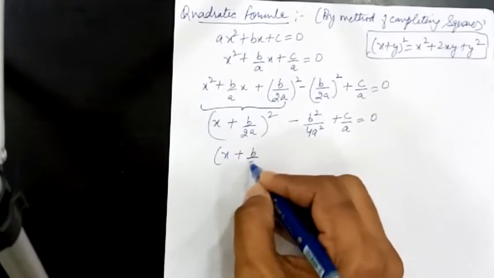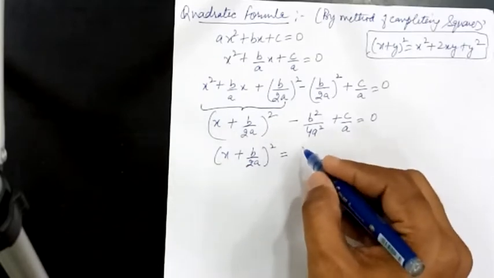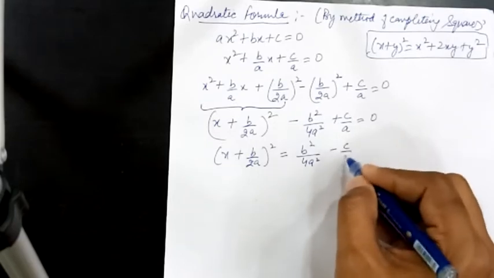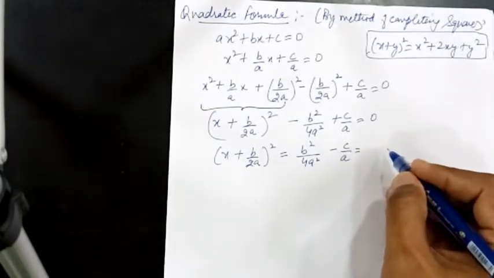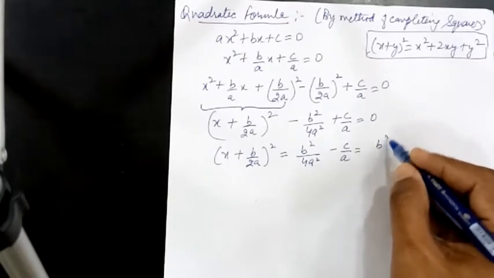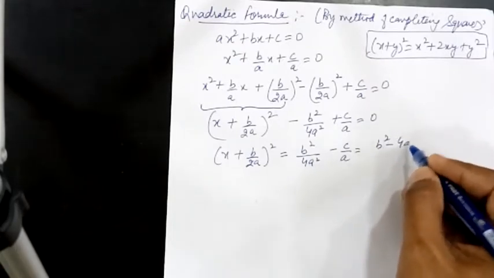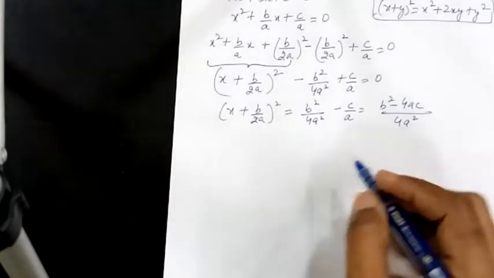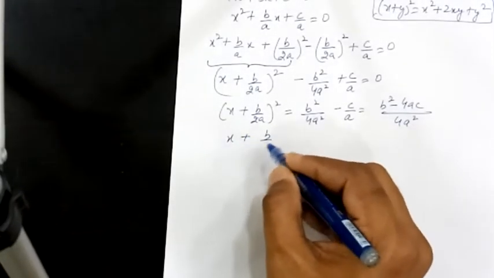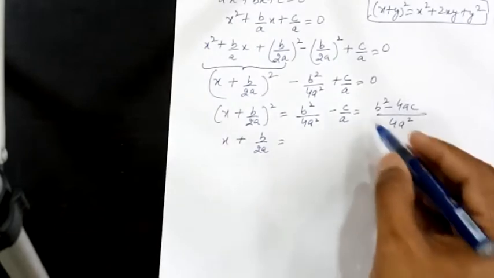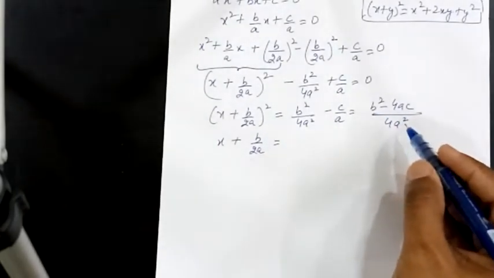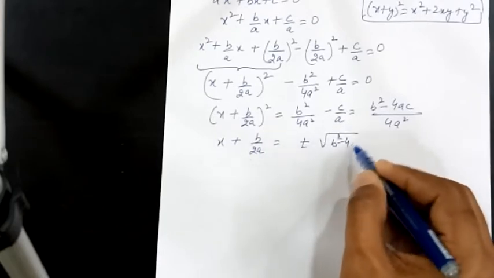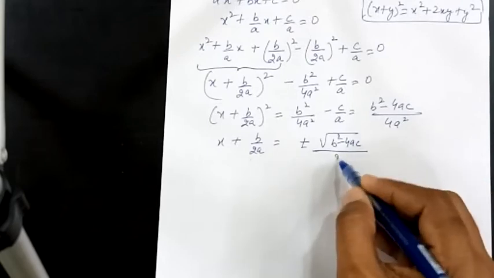x plus b upon 2a whole square equals b square upon 4a square minus c upon a. That comes out to be in this manner: b square minus 4ac upon 4a square. Got it? Now you just take the square root here, and you will get x plus b upon 2a equals plus minus square root of b square minus 4ac upon 2a.